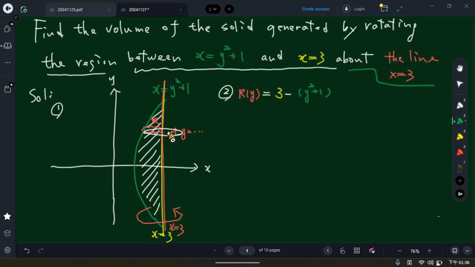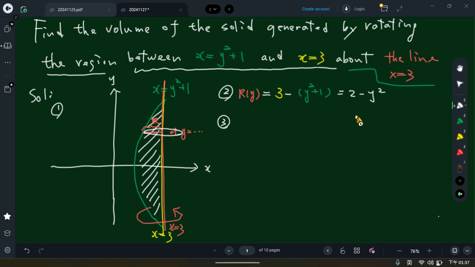If y is here, the radius is just like this one. But if y is here, the length is like this one, from the green line to the yellow line. So if you subtract this axis with x equal to y squared plus 1, you get the length. This is the typical radius for each cross section. So the result will be 2 minus y squared.